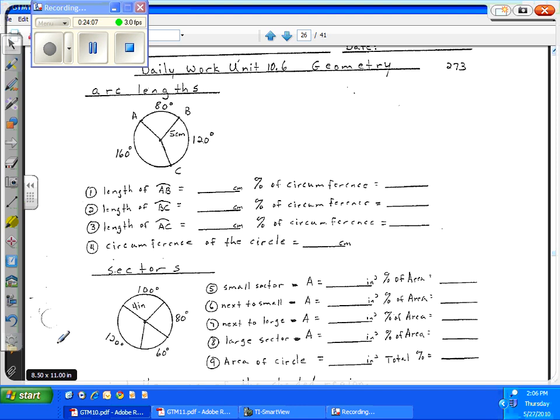To find the length of arc AB, you put arc measure over 360 times pi, which is 3.14, times the diameter, which is twice the radius, which is 10 centimeters. And we'll let you calculate that.